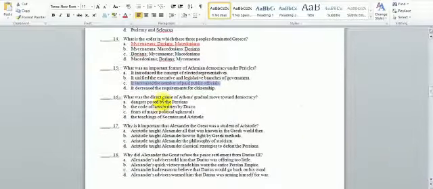What was the direct cause of Athens' gradual move toward democracy? Dangers posed by the Persians, the code of laws written by Draco, fears of major political upheaval, the teaching of Socrates and Aristotle. And the biggest fear they had in Athens was that the more democracy the people have, the more freedom they will have.